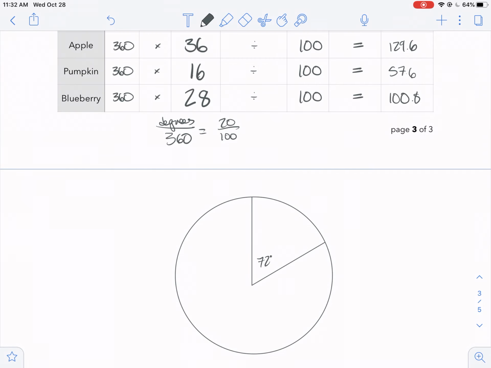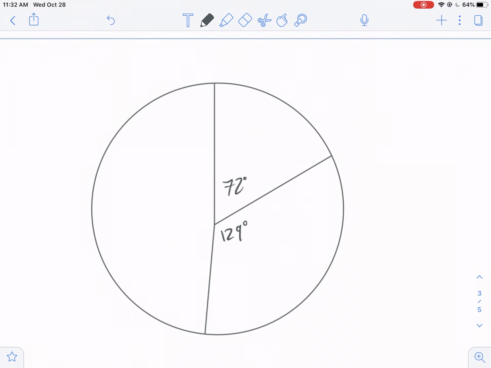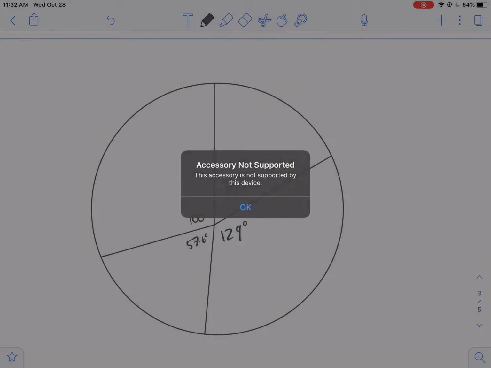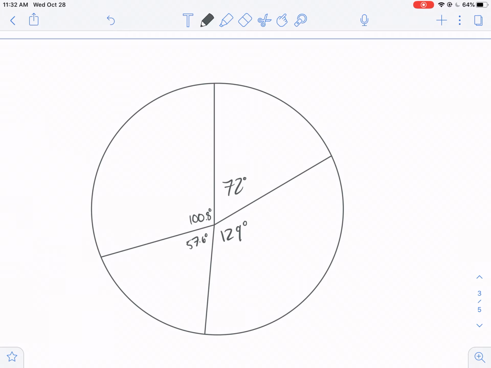Well, that'll be approximately that big. Then we need to measure 57.6 degrees. That'll be approximately that big. And then we need to measure 100.8 degrees. Oh, hey, that finishes the rest of our circle. It's like they all add up.